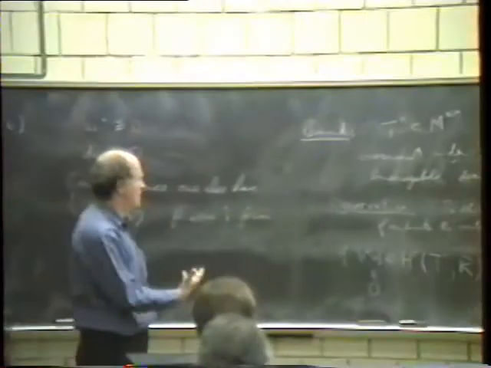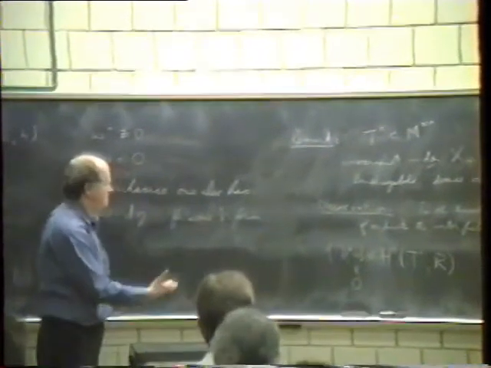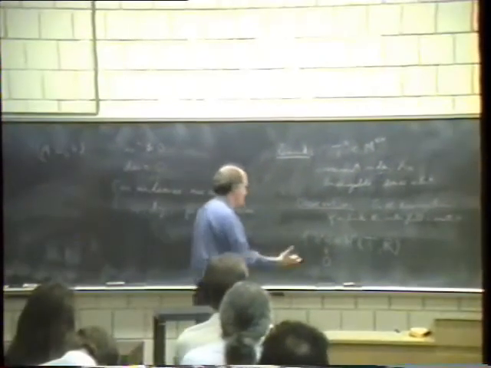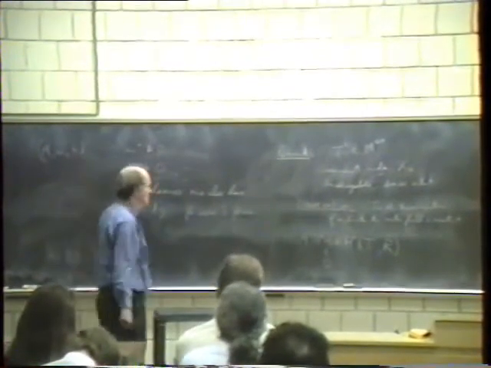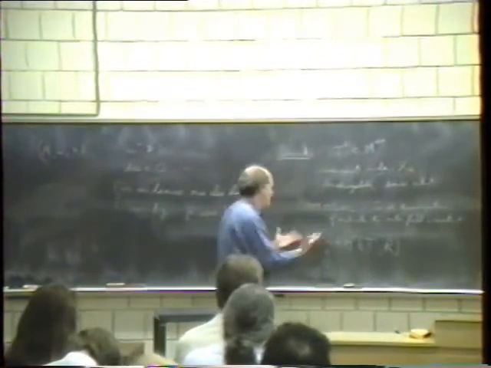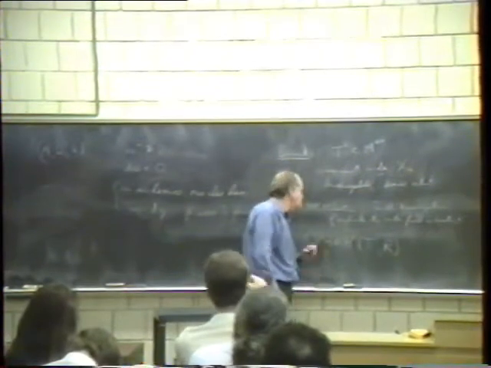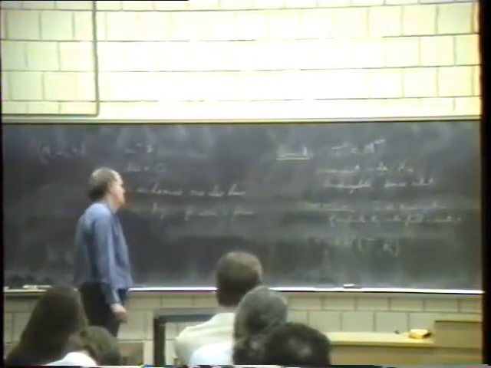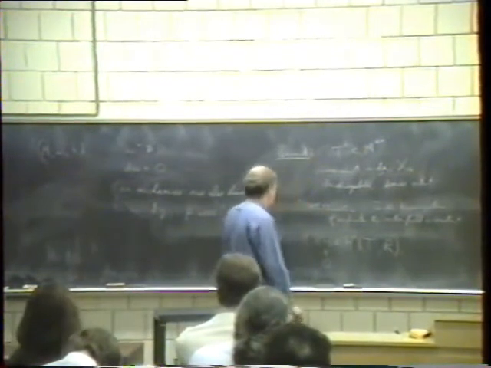In fact, the two-dimensional cohomology is isomorphic to the set of constant 2 forms. So you'll immediately recognize that the only constant 2 form with 0 cohomology is the 0 2 form.